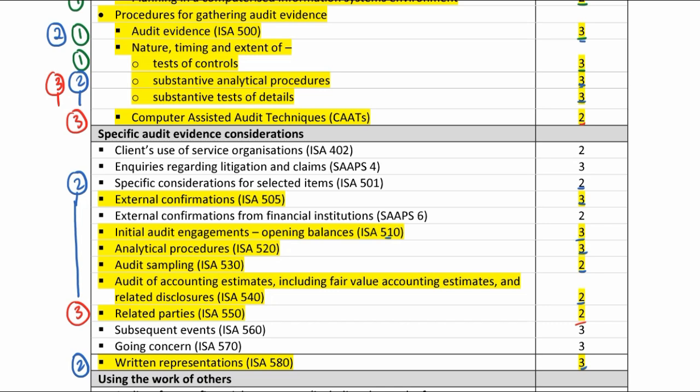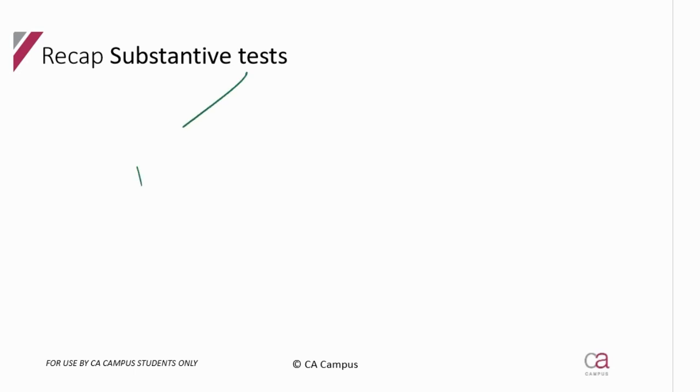Okay, so let's do a recap of what we had addressed last week in substantive procedures so we can build on that. We've looked at some of the auditing standards that help us with substantive procedures for specific areas.